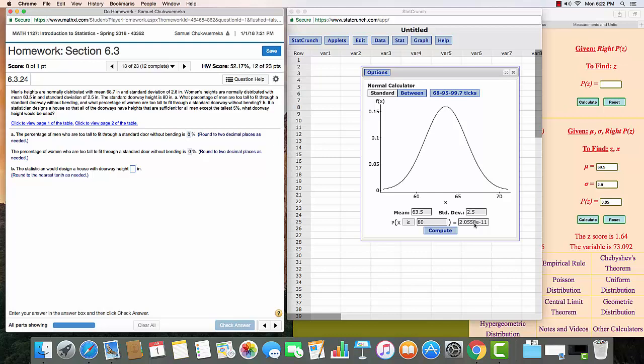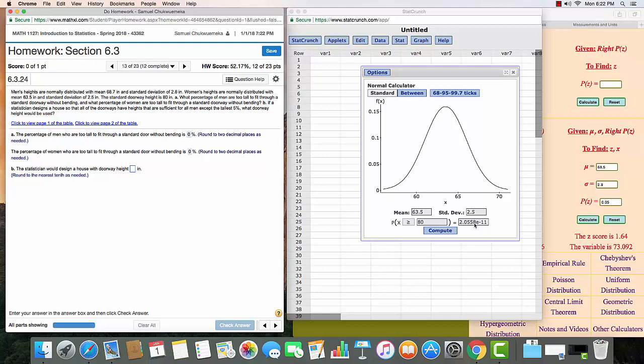Let's do it again. Then 20558. So that's what it means.